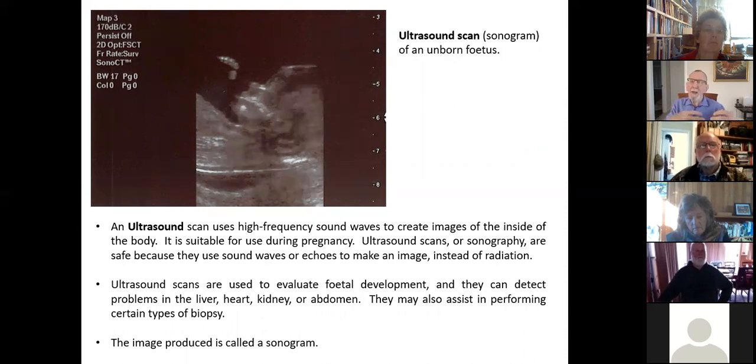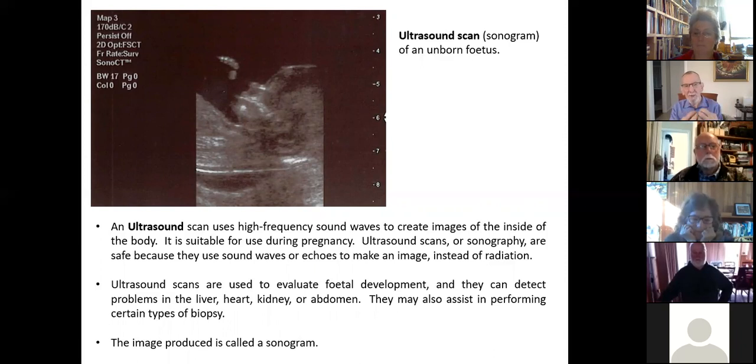So you get these echoes when sound waves are used, and again, fed into a computer to produce the image. Very, very clever indeed. The scans are used to evaluate fetal development later on.